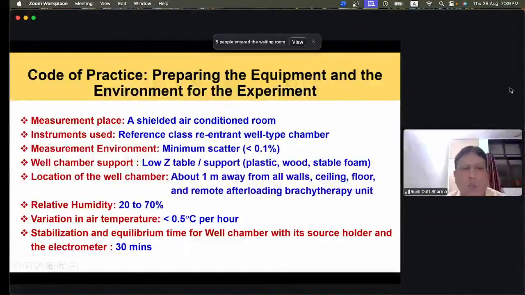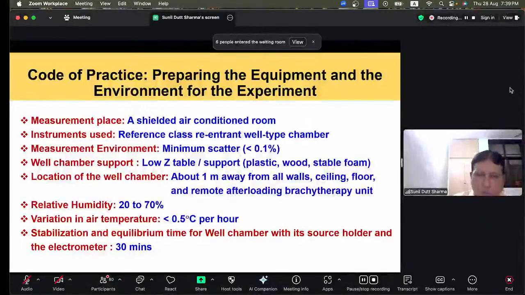Now, what the code of practice is stating: measurement place, a shielded air conditioned room; instrument used, reference class re-entrant bell type chamber, whatever we discussed so far. Measurement environment should be such that it does not require correction for room scatter or in-air scatter.